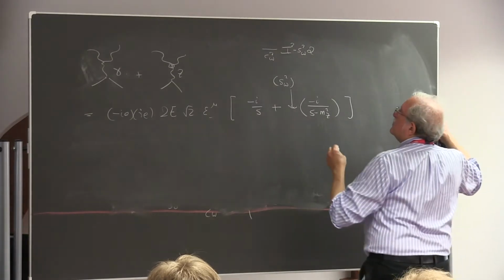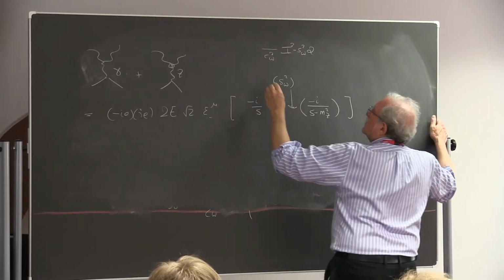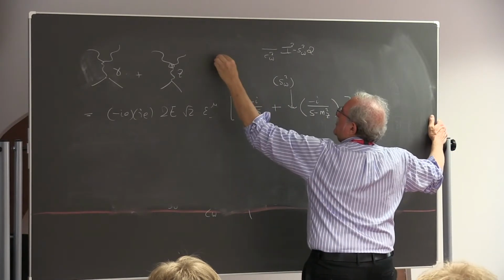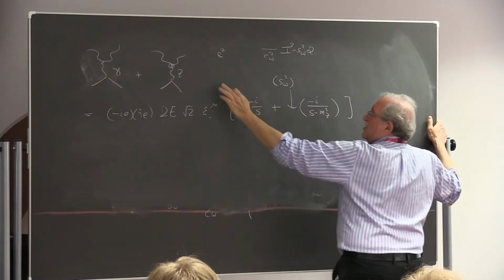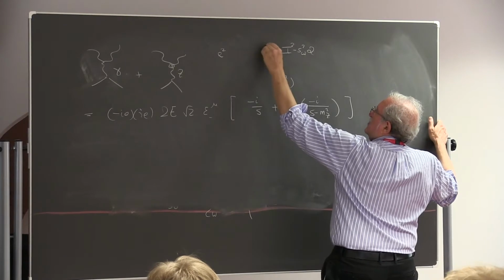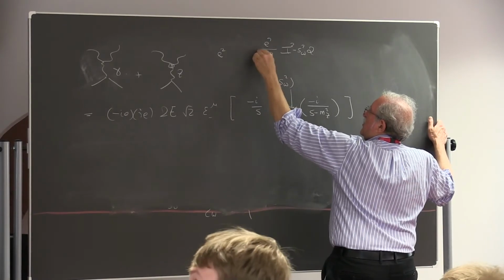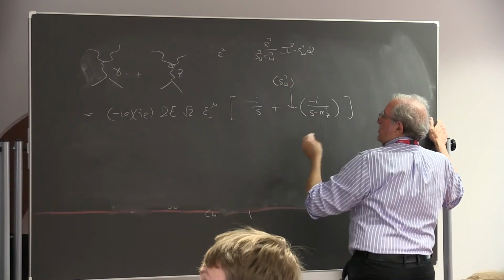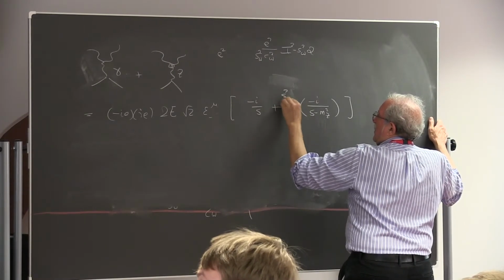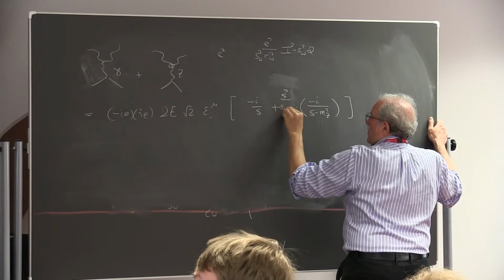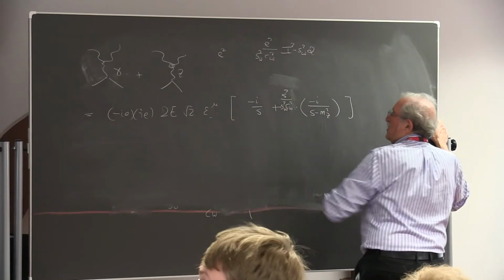So, sorry. Let me go a little more slowly. This one is E squared. This diagram is E squared over SW squared. That is G squared over CW squared. So what goes here is S squared over S squared C squared.